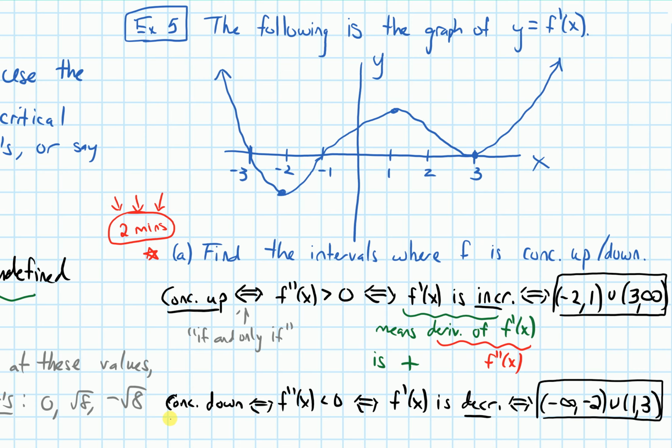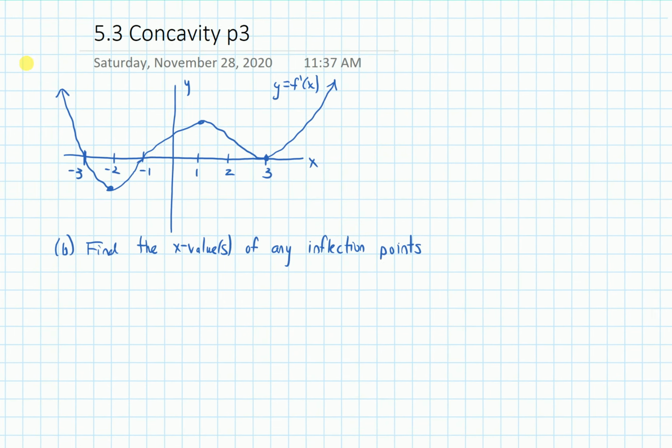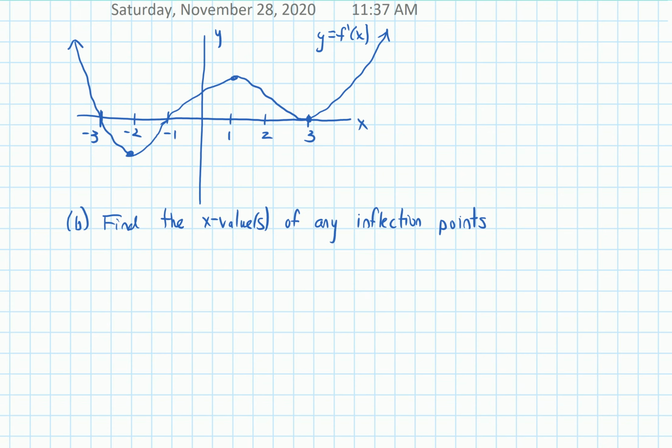Concave up, concave down. All right, let's do part B of this example. Let's find inflection points. Okay, so I've copied down this graph again, and let's use this to now find the x values of the inflection points. Remember that inflection points are where we need two things.